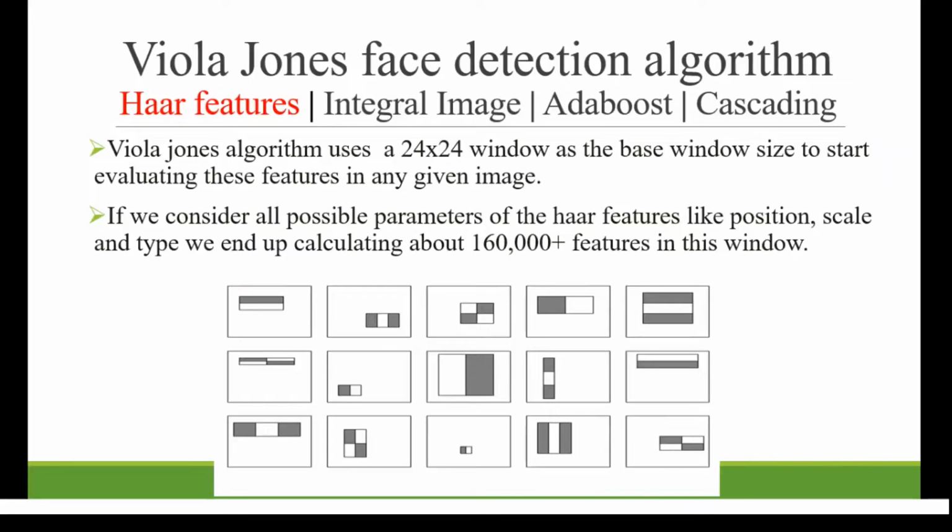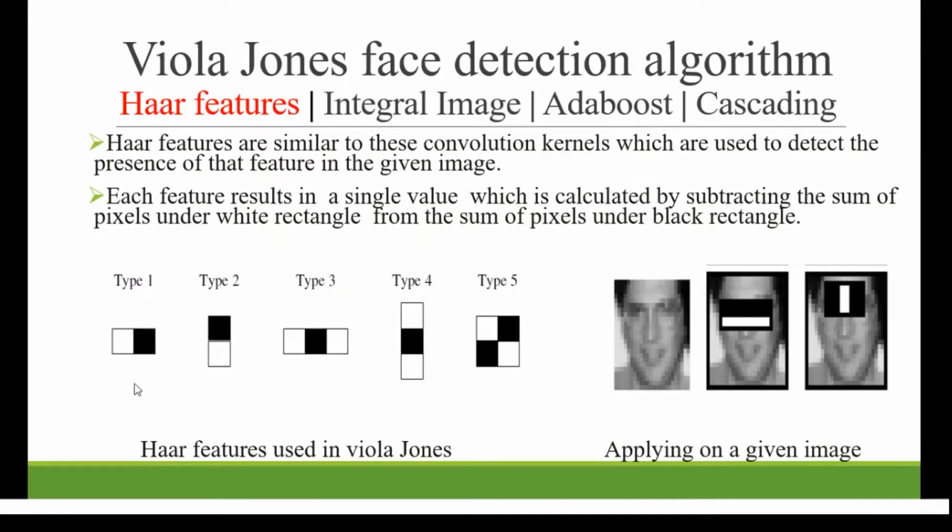So the Viola-Jones algorithm uses a 24 by 24 window as the base window size to start evaluating these features in a given image. So if we consider all the possible positions, scales, types, there are more than 160,000 features. As you can see, we'll be using these of different sizes and we'll be convolving them, and we'll be using all of these.